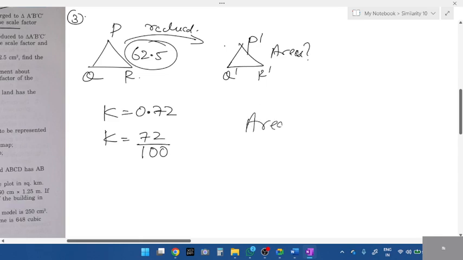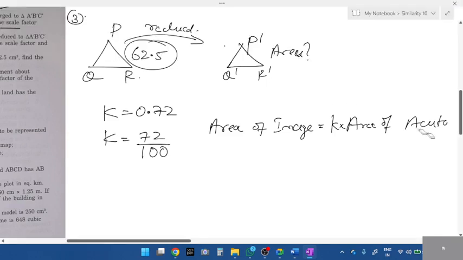Area of image is equals to K into area of, yes, actual image or object.